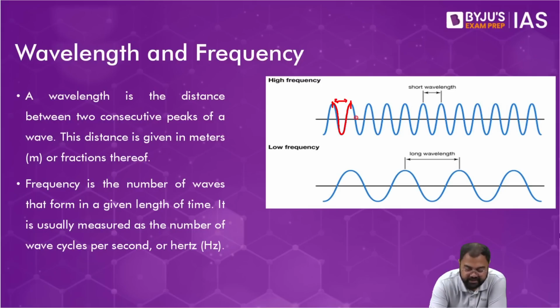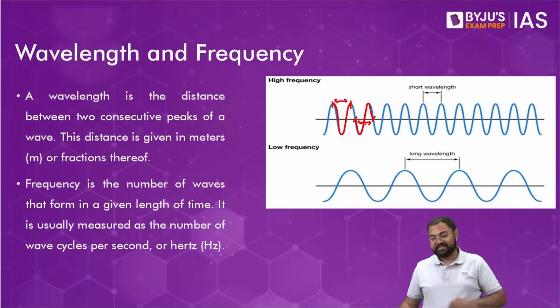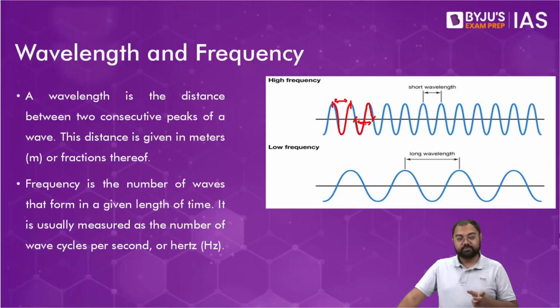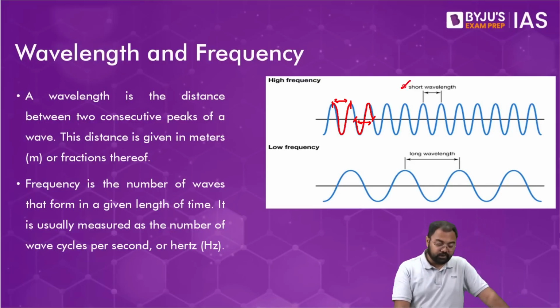Similarly, if I want, I can start here, go all the way down, all the way up, back to the same point. This will be called the wavelength. So when you start from a point and reach this exact same point, it will be called the wavelength of that wave. So, length of the wave. Now, as you can see, wavelengths can be short or long.